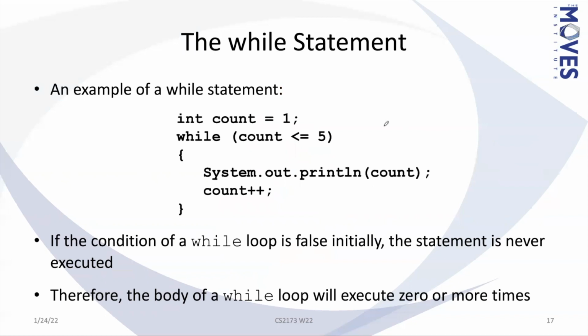Okay, so here's an example. I want to execute something, let's say, 5 times. So I have an int that's a count, and I'll initialize it to 1. My statement is: while count is less than or equal to 5, I'm going to print it out, but then increment the count.